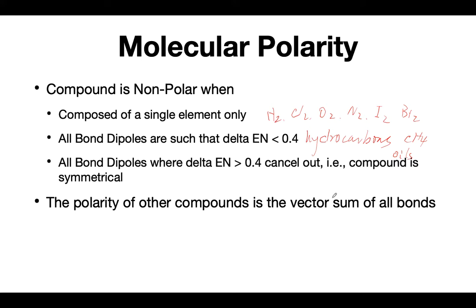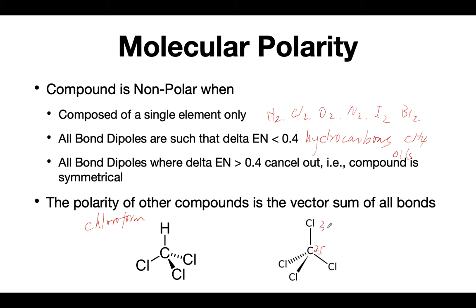Let's see that example here. We will see two examples. This one is chloroform, and this example is carbon tetrachloride, CCl4. Now notice that even when you look at the individual bonds, we know the electronegativity of carbon is 2.5 and chlorine is 3.16.